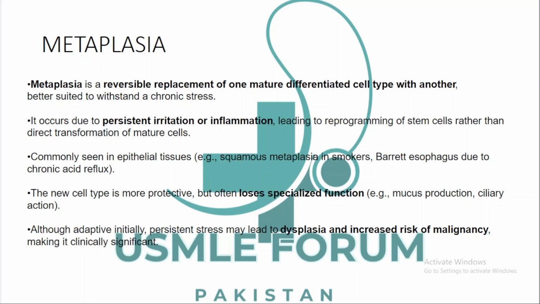I won't go into the detail of the type of the epithelium here, because many people by this time don't remember the type of epithelium, so I will just keep it simple. Suppose there is a type of epithelium in the esophagus, and that epithelium is called epithelium A, right? And that epithelium A is very good. If you're just passing the food through the esophagus, that epithelium is good to go.